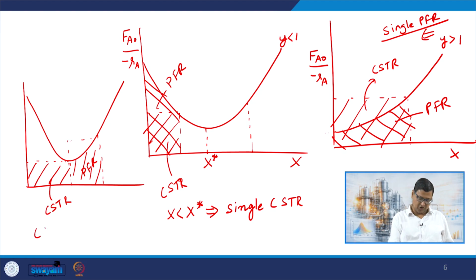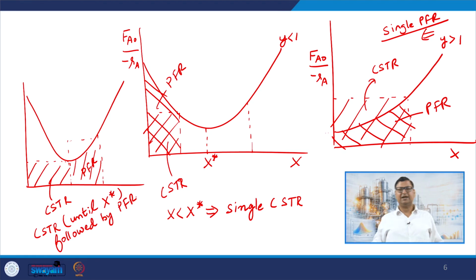So, in this case we will go for a CSTR until the conversion of X star followed by a PFR, right? So we can get these kind of examples, I would say more textbook like examples, using the Levenspiel plot. So this is a very instructive tool to figure out which reactor scheme does work well for the problem, right?